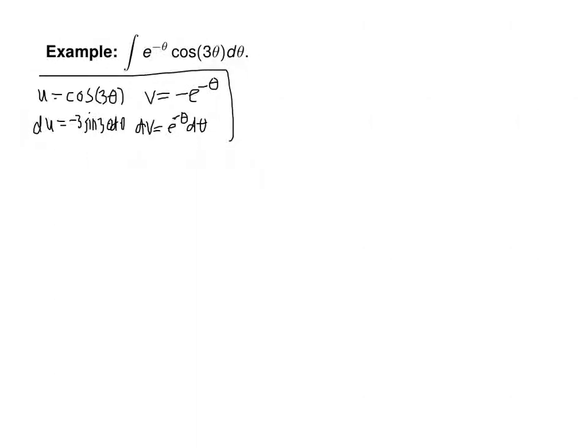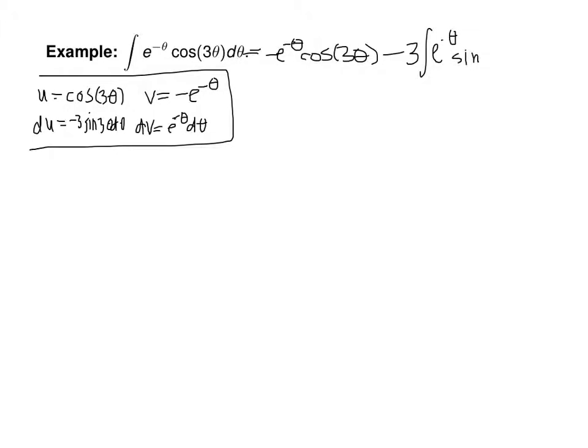Okay, now this will equal uv minus the integral of v du, so negative e to the negative theta cosine of 3 theta minus the integral of v du. And because v and du are both negative, this stays a minus. Pull out a 3: the integral e to the negative theta sine 3 theta d theta.